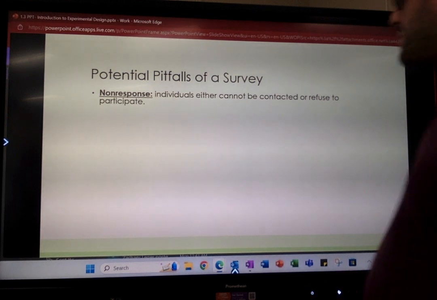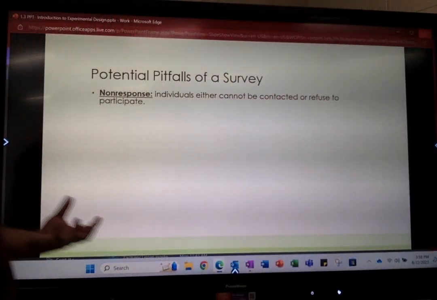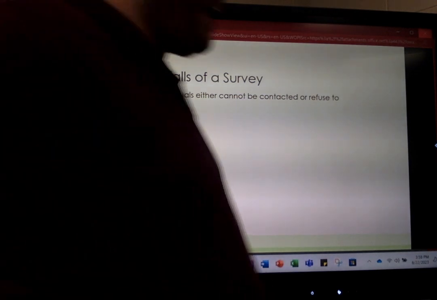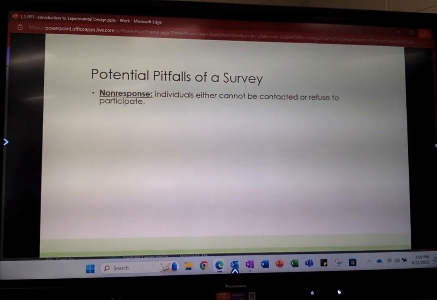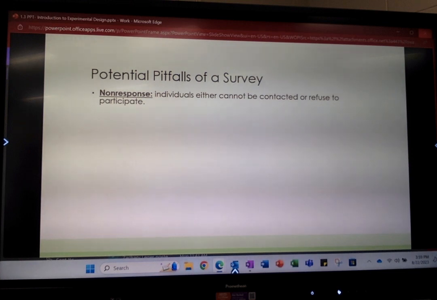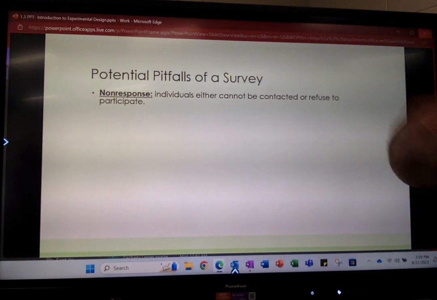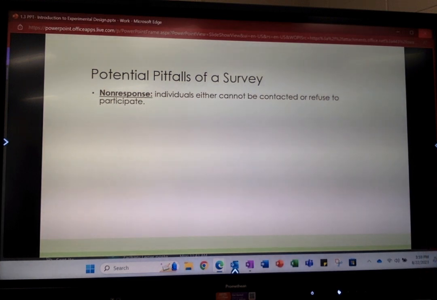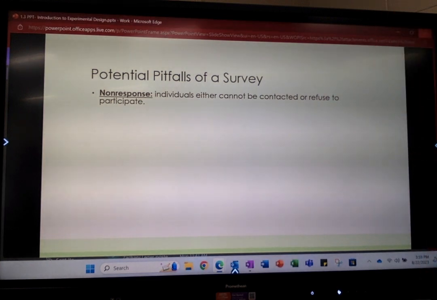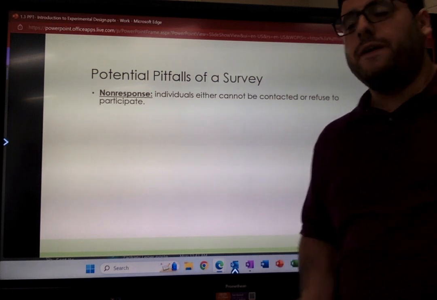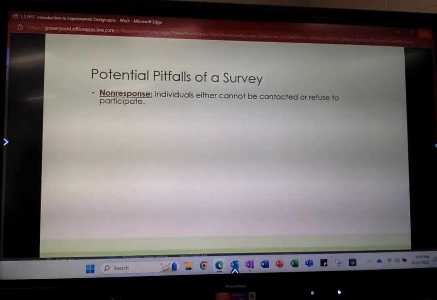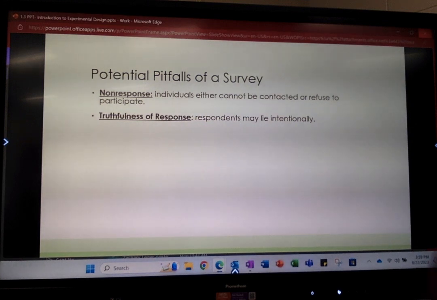First off, individuals can either be unable to be contacted, or they could just outright refuse to participate. So you could get non-responsive individuals. The more non-responsiveness that we have in a population, the more undercoverage you're going to have. And again, ideally, we want our sample frame to be the population. But if we have non-responsiveness from our population, then we're going to have more undercoverage. Also, the truthfulness of your response.